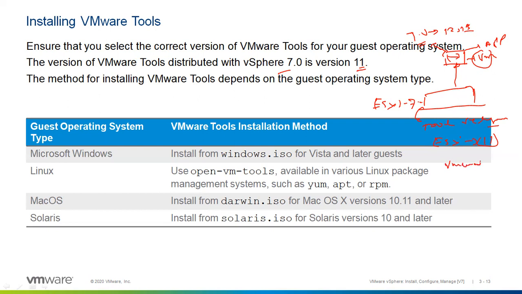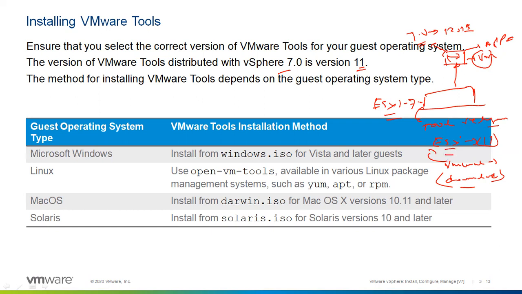go to the VMware site and download the tools version required for that application. There is a certain location in the ESXi host. Import that tool into your ESXi host.